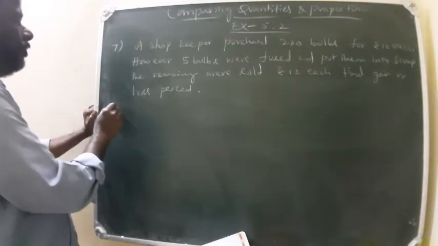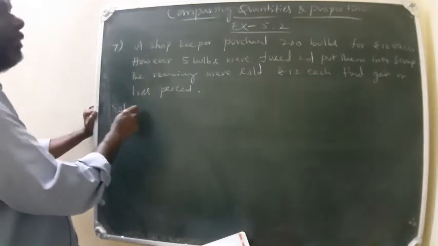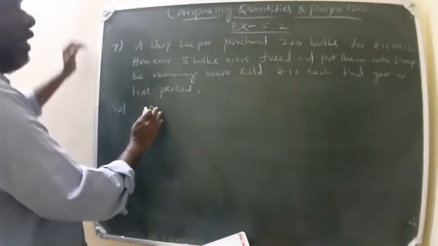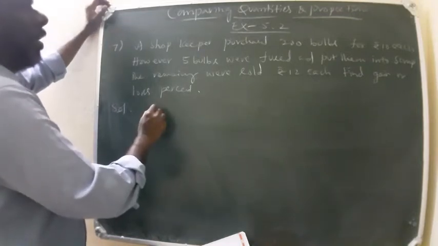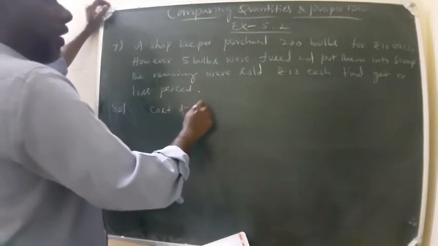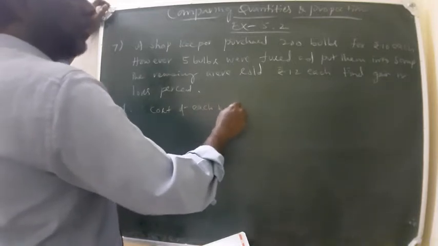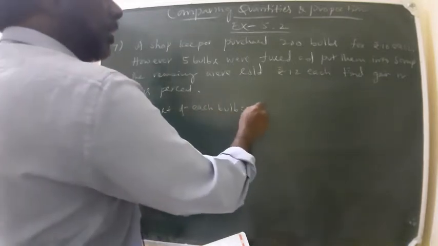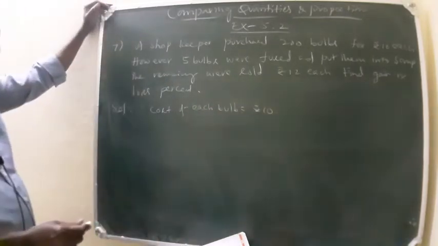So here, solution. Cost of each bulb is rupees 10.